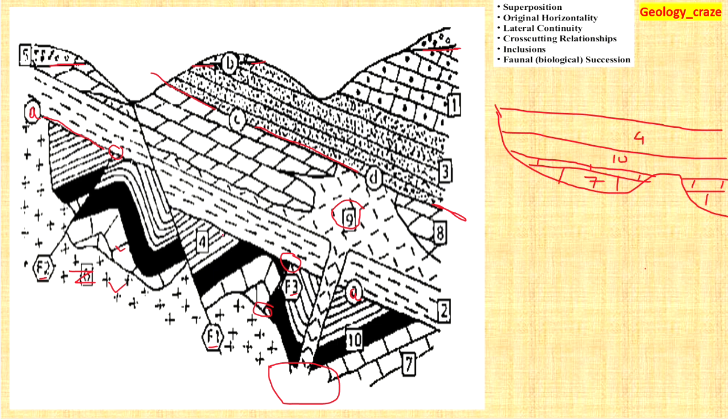Here it is also numbered as 4, then 10 and 9. Is this a possibility for the original basement?